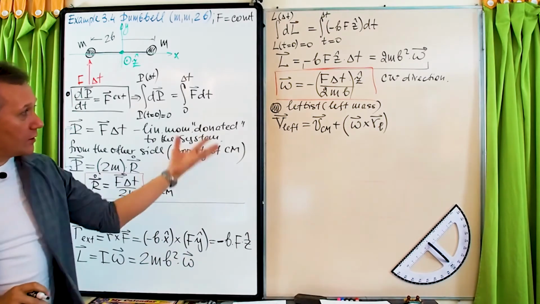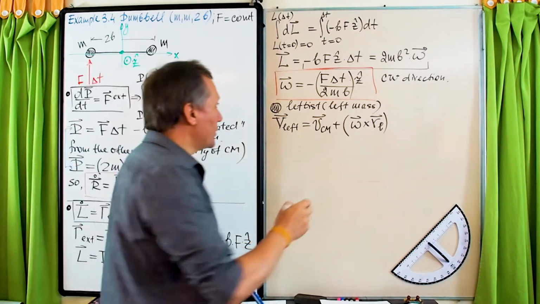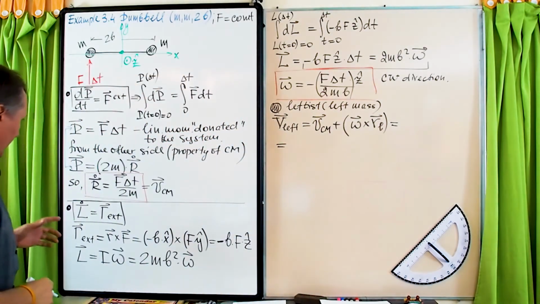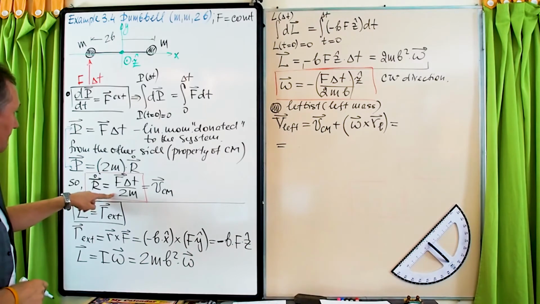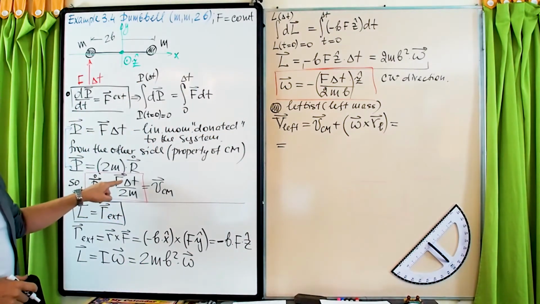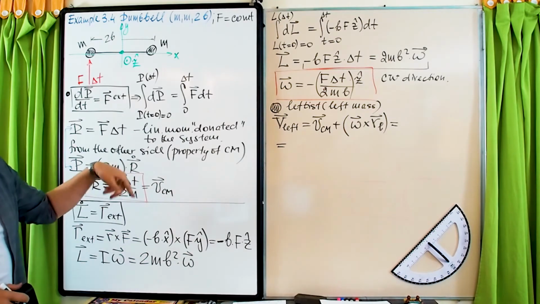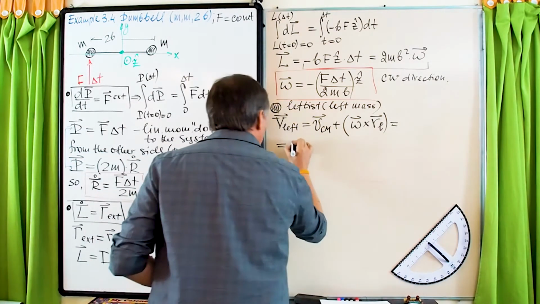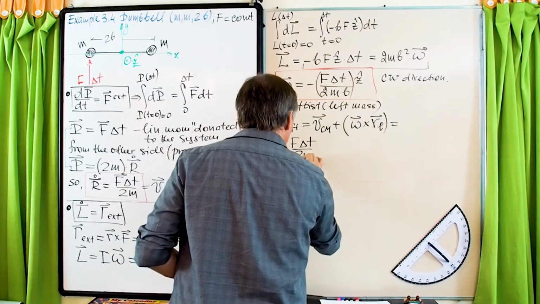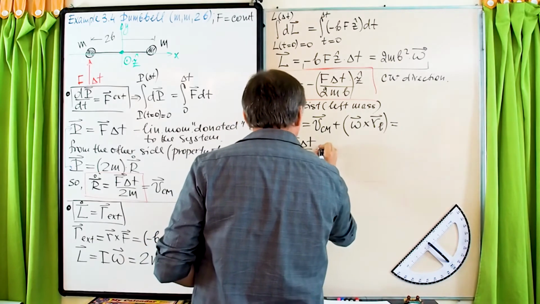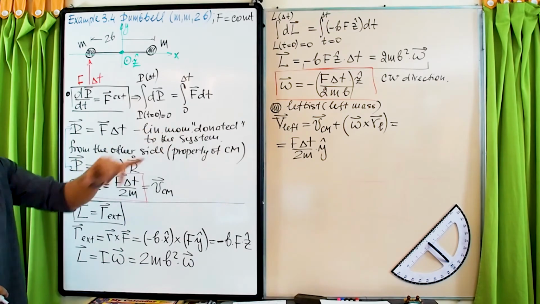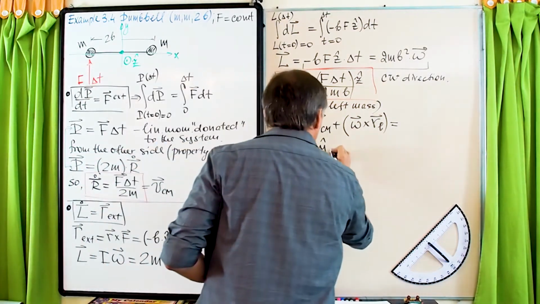Right? Okay, so now let's write carefully this vector equation. So VCM, that's this. And I think I will write immediately the vector form in terms of F times y hat: F dt over 2m y hat, right? So that's the velocity, and now plus omega cross r.